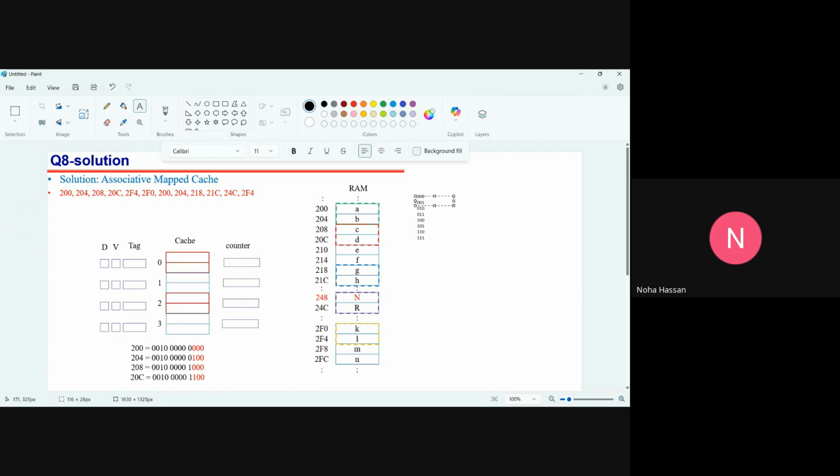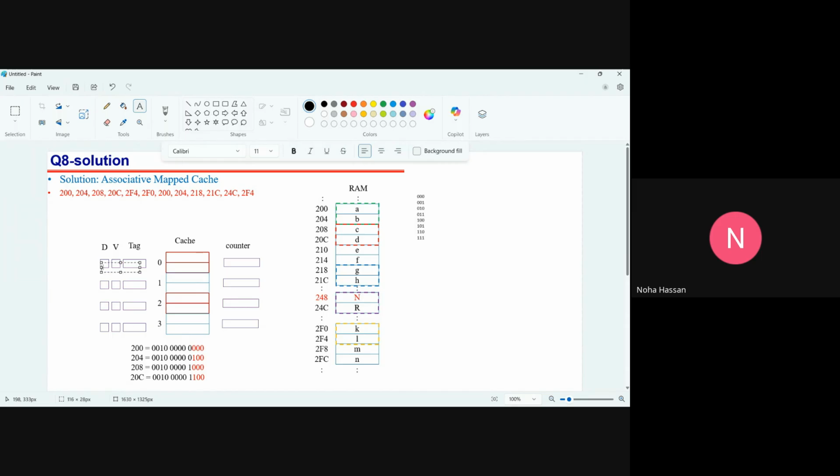In our examples, the dirty bit will always be 0. It doesn't change to 1 unless we copy or store something into the memory. In our case, we are just reading, so all values will be 0.